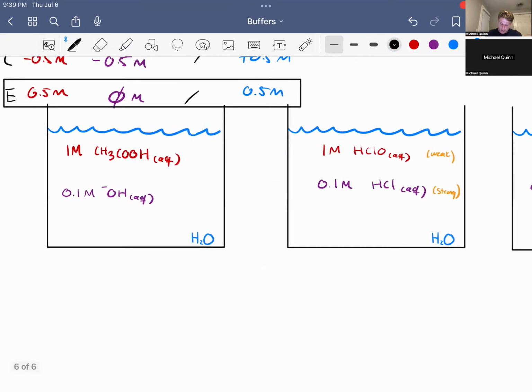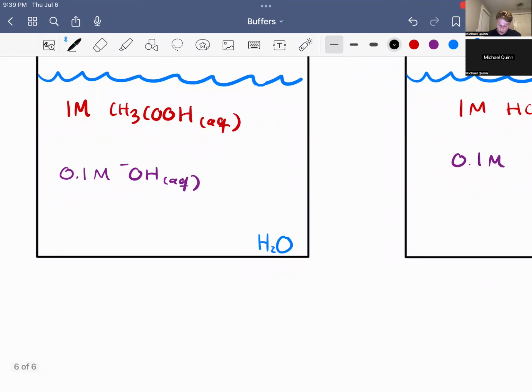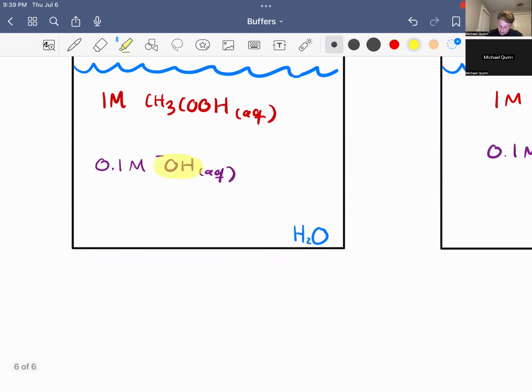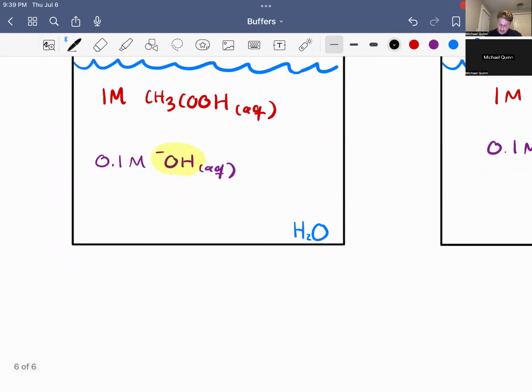So let's continue. We have 0.1 molar of our strong base being added to 1 molar of CH3COOH. So let's see if we run this reaction. Are we going to have a buffer left over?